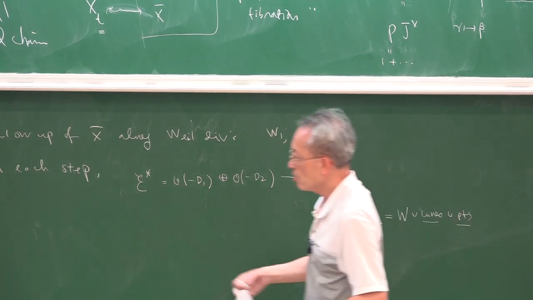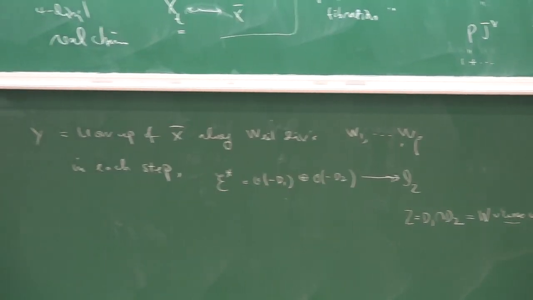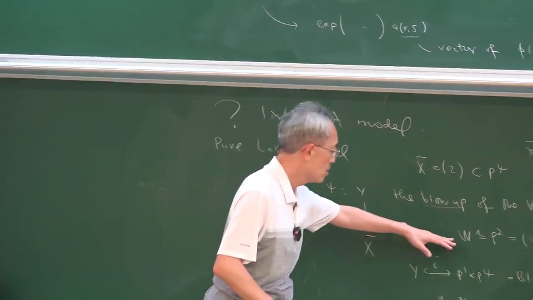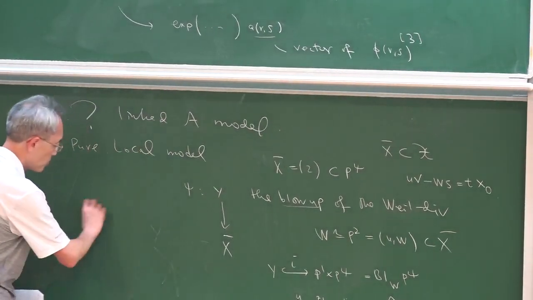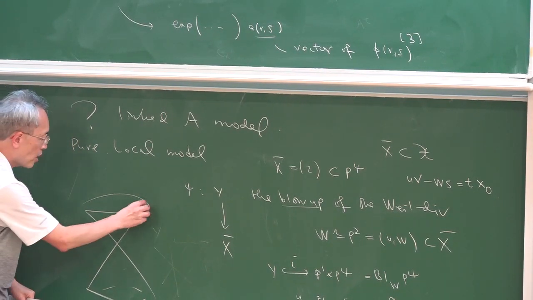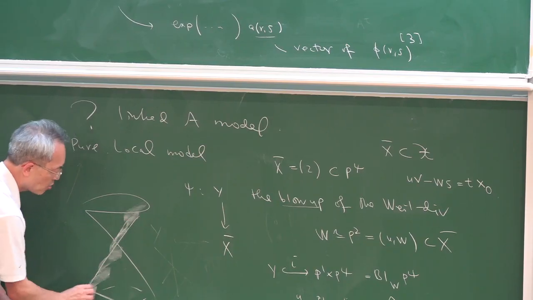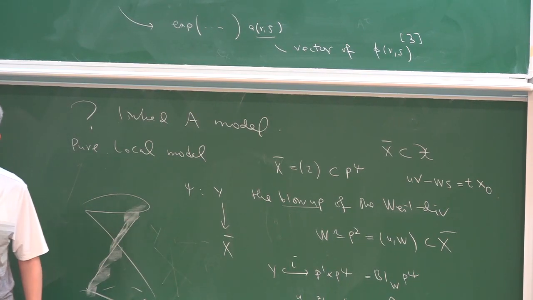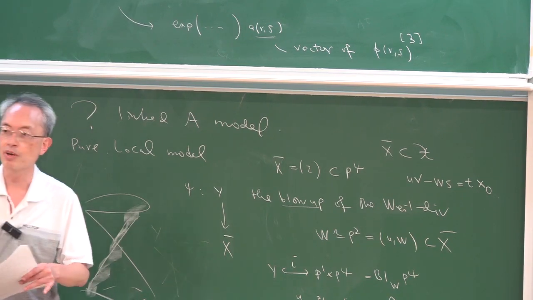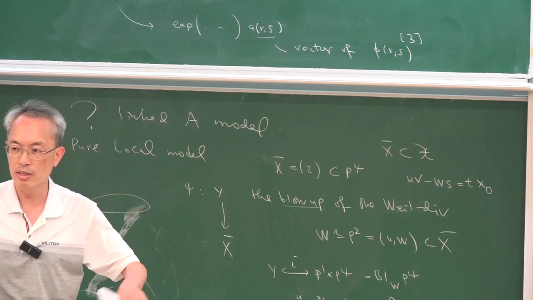You see, the thing is, just look at the local model view. So you have a cone, and you pick out some P1 here, but you want to complete this base divisor into global Cartier divisors.